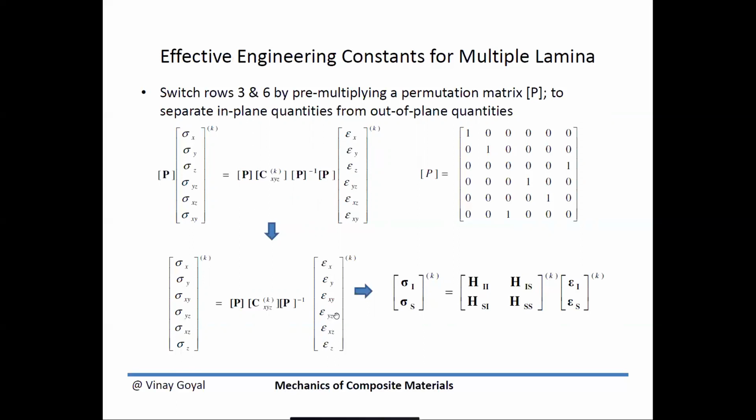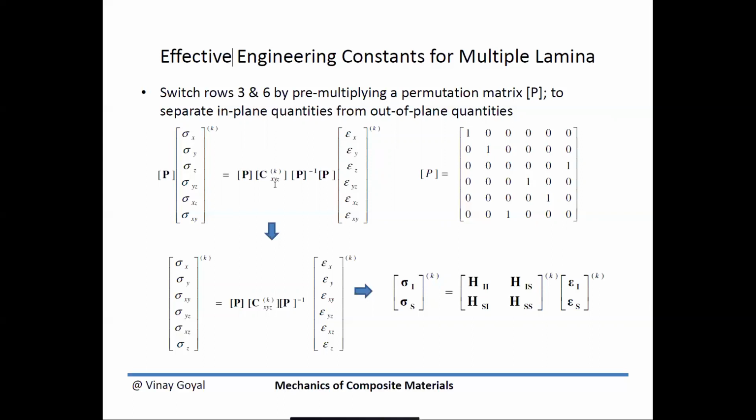So it will have the in-plane strains in the top three, the out-of-plane strains in the bottom three, the in-plane stresses in the top three, and the out-of-plane stresses in the bottom three. So it's just a trick to basically get things organized, so I can apply Chow's theory.